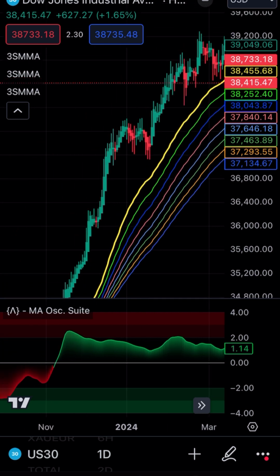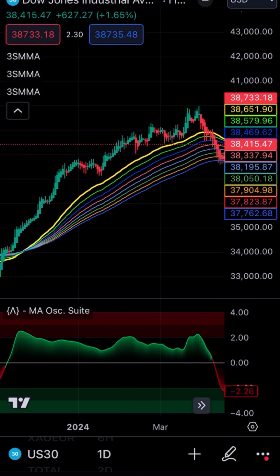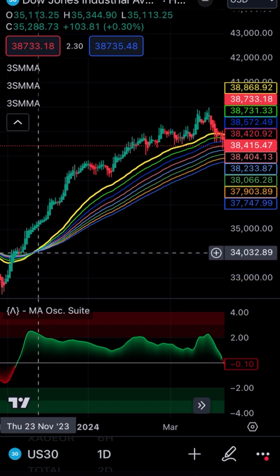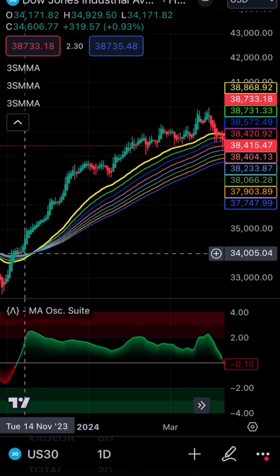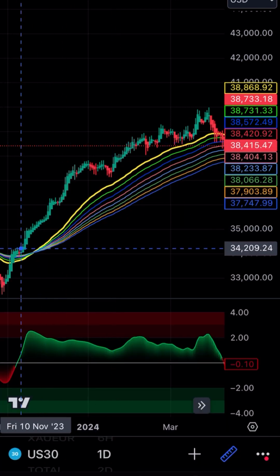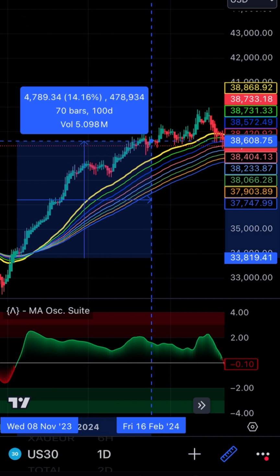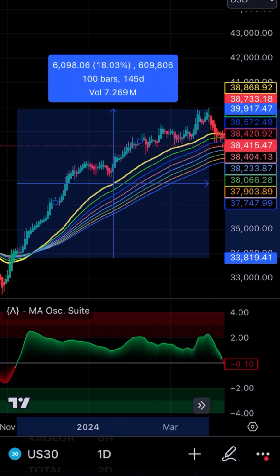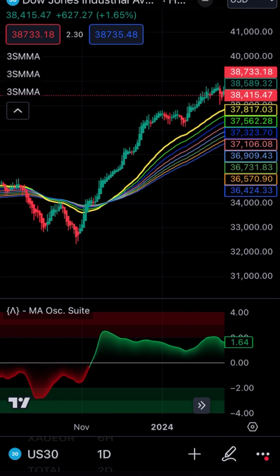Oh, this is a big one. This is a big one. You see it crossing the zero line right here, and that's also where the rainbow strategy starts. So right about here, if you rode this out, you rode the whole thing out, that would have been some major profit.